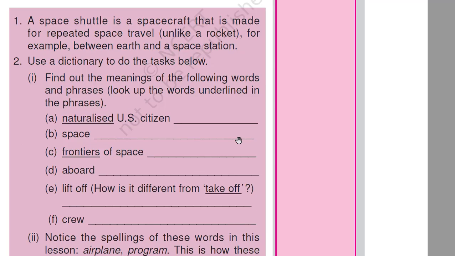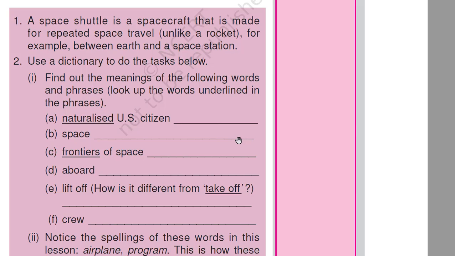Before our part starts, there are a few notes. A space shuttle is a spacecraft that is made for repeated space travel, unlike a rocket, for example between Earth and a space station. That is what we call a space shuttle.